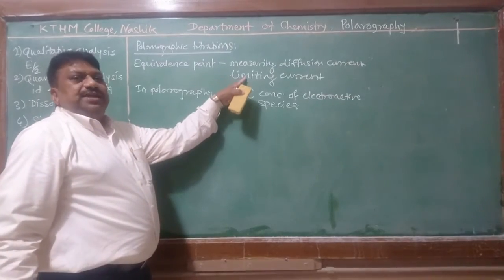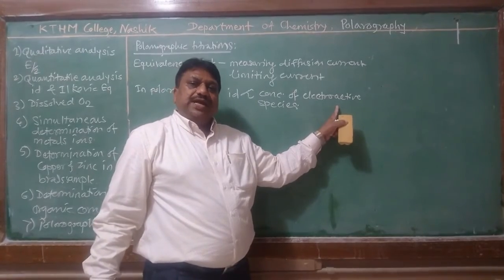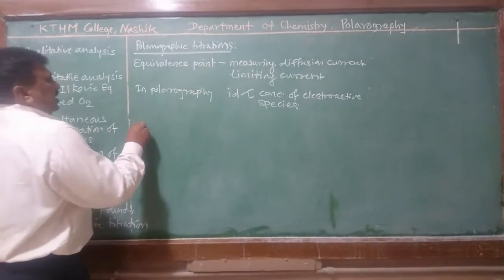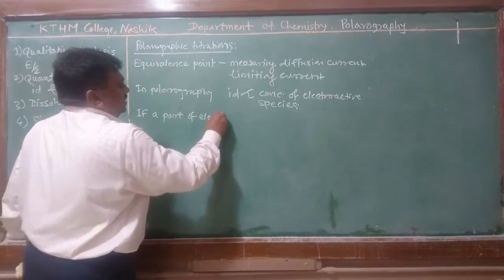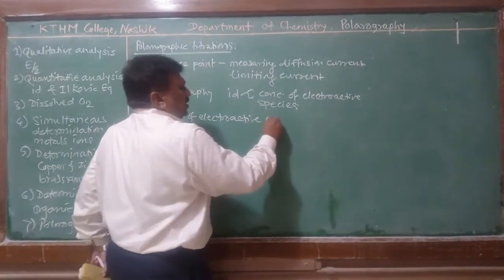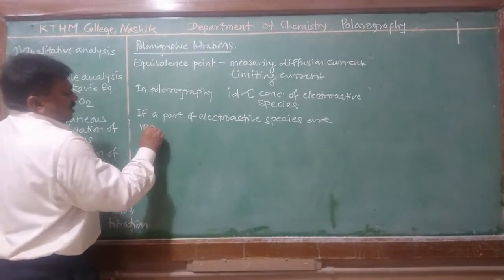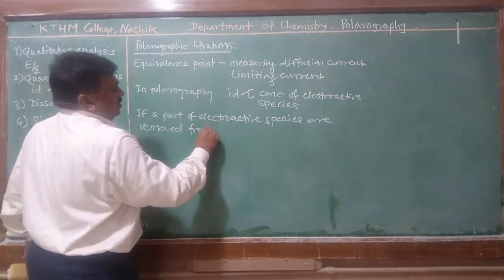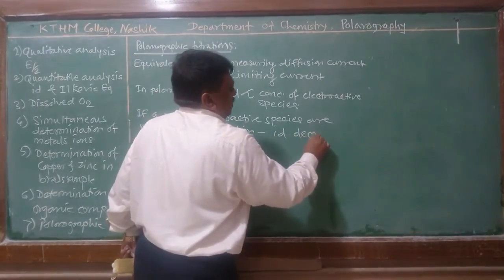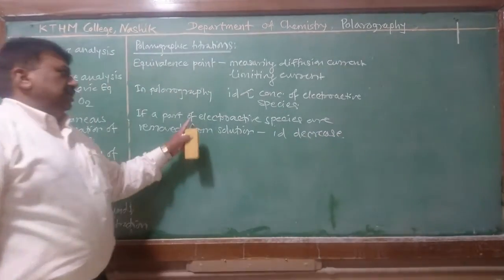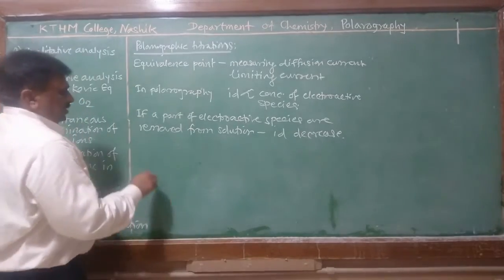Therefore, if a part of the electroactive species is removed from the solution, the diffusion current decreases, and we can remove this electroactive species by adding a suitable reagent.